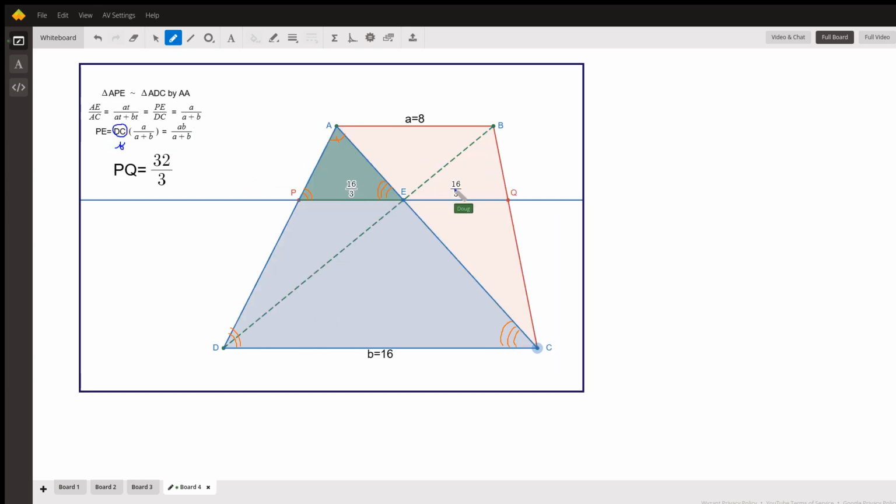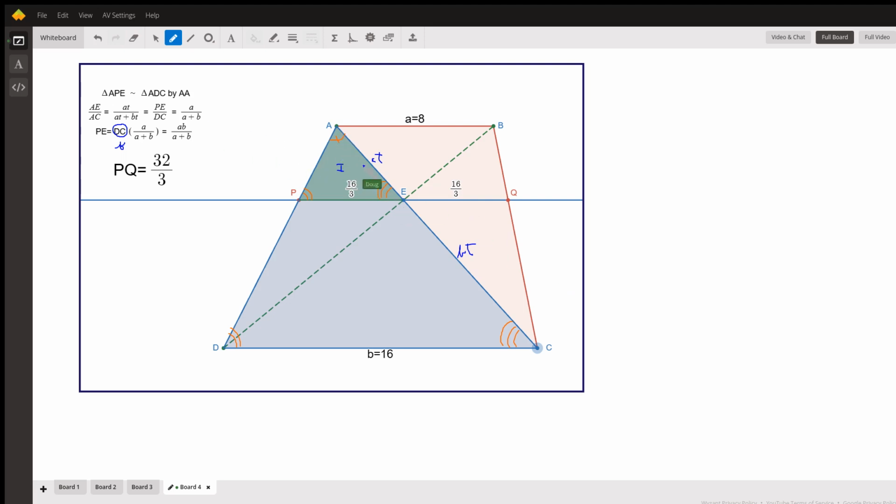I won't go through all the details here, but the idea is the same. Use these two triangles over here, the green one and the big blue one. Corresponding sides are in proportion. Remember, this was AT, this was BT.